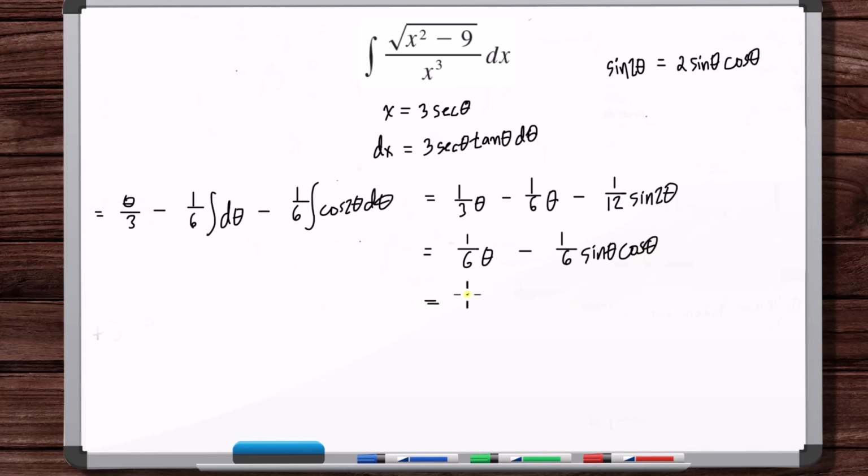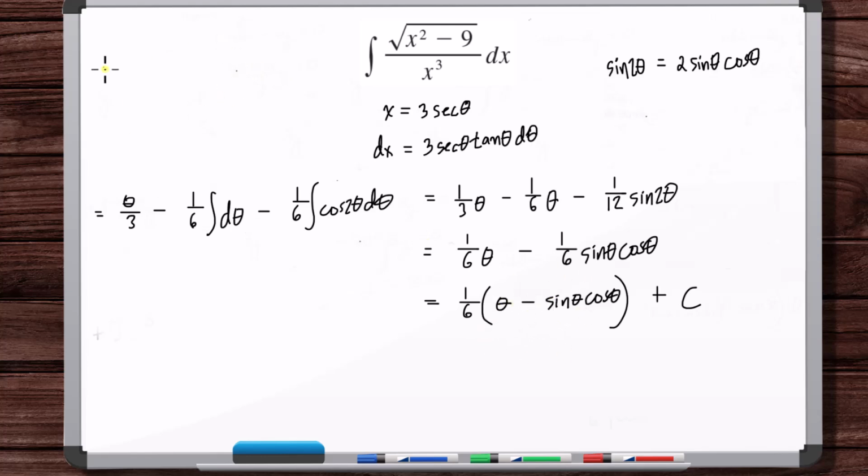All right, so this is 1/6 theta minus sine theta cosine theta plus C. There we go. But we're not done, though, because we need to put this in terms of x.